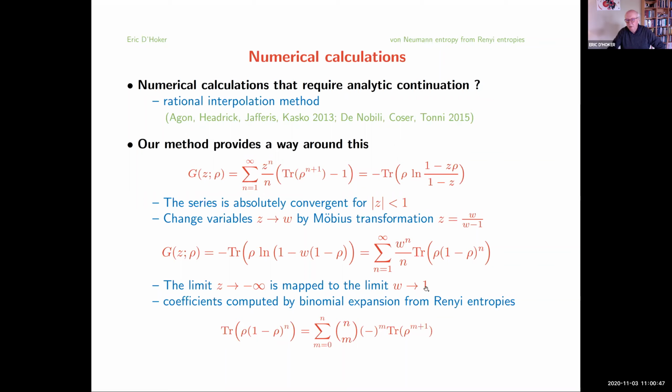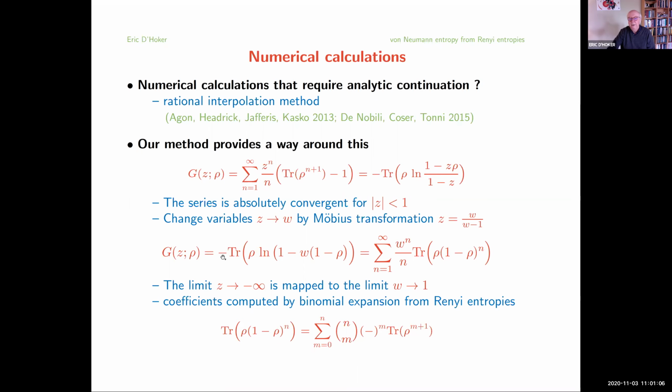So taking W to 1 is taking this series, which is valid in the entire unit disk, just to the boundary of the disk. And so these coefficients can be calculated in terms of Renyi entropies just by using the binomial expansion.